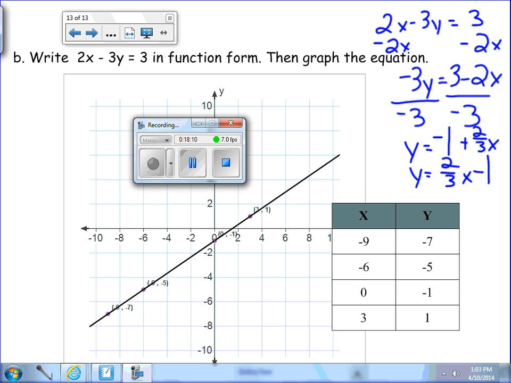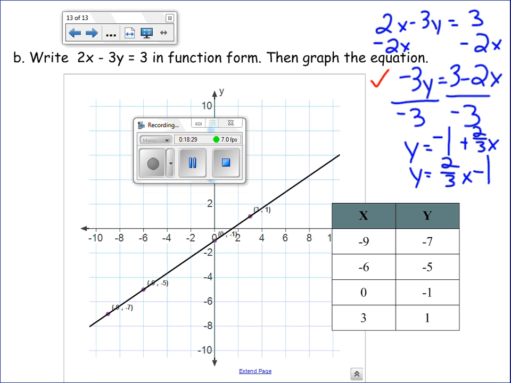So notice in blue, I took our original equation and needed to change it into function form. So I subtracted 2x from each side, which left me with -3y is equal to 3 minus 2x. Then again, in order to isolate the variable, I needed to divide each side by -3.